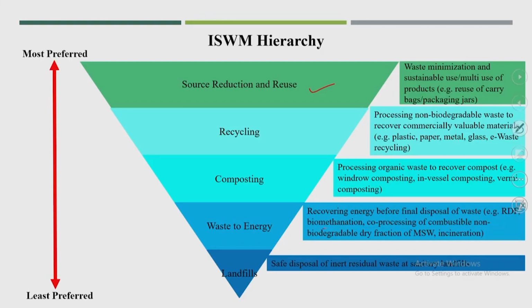Even biomethanation or anaerobic digestion you can also propose under waste to energy. Finally go for landfilling, which is the least preferred. Okay. Whatever is not possible through source reduction, recycling, composting, or waste to energy goes to the landfill area.